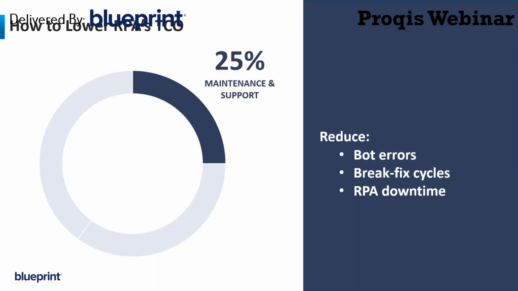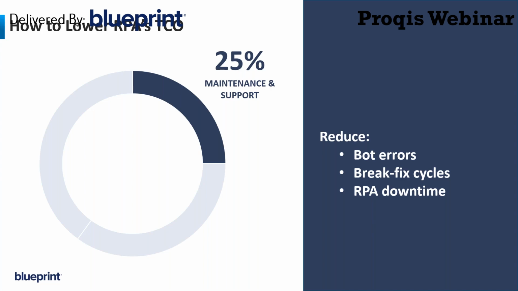Now, for maintenance and support, in the rush to automate, whether it was to respond to the economic challenges the pandemic caused or simply leverage the benefits RPA offered, organizations are now picking up the pieces from constant RPA break-fix cycles, bot errors, and the RPA downtime that follows, leading to a pretty damaging synergy: low ROI, the inability to scale, and a high total cost of ownership.